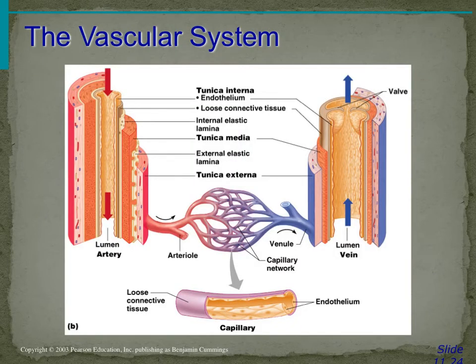So here, this is a nice image of what I was talking about. So here is an artery. Notice that the arteries have these muscular walls around them because the blood is being pumped directly from the left ventricle, which is very muscular, into the arteries. They have these muscles to help support and stabilize them, as well as to help move the blood along and expand or contract as needed.